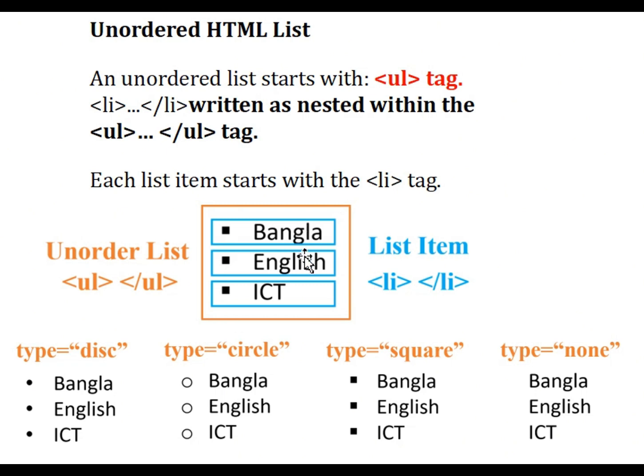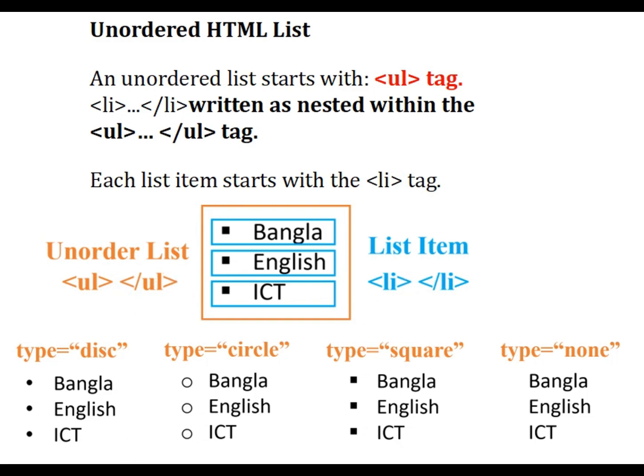Say here Bangla, English, and ICT, these three subjects have to be represented in an unordered list, meaning the square. In that case, of course, the unordered list tag will be UL with a closing tag, and the list opening and closing has to be nested within the UL tag.